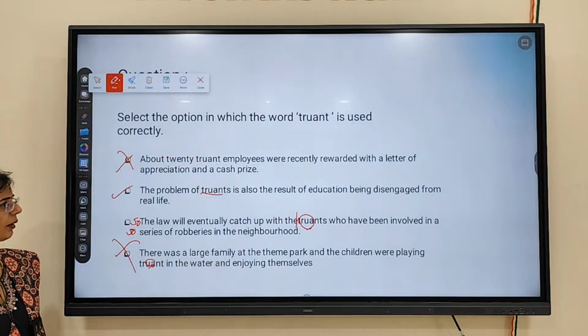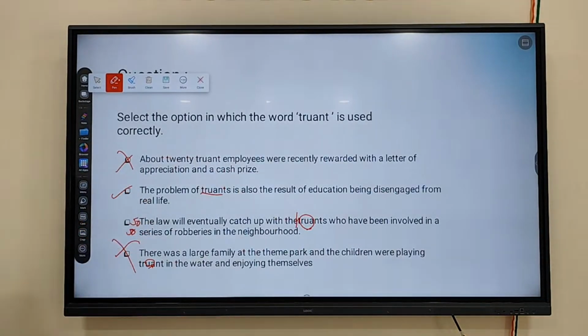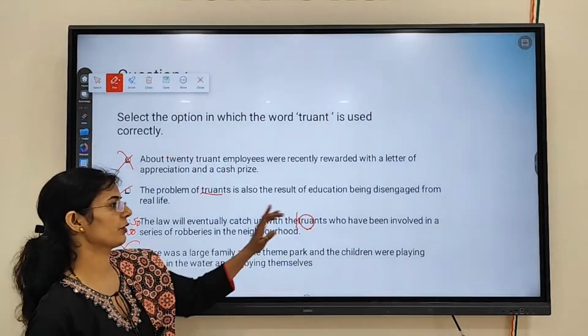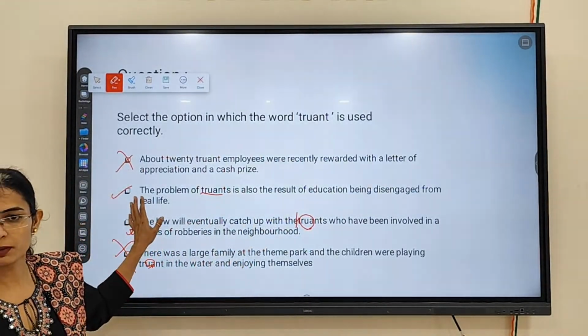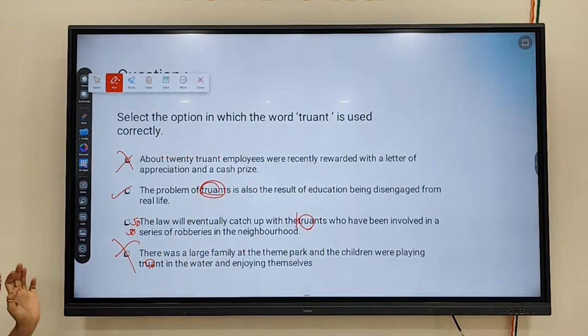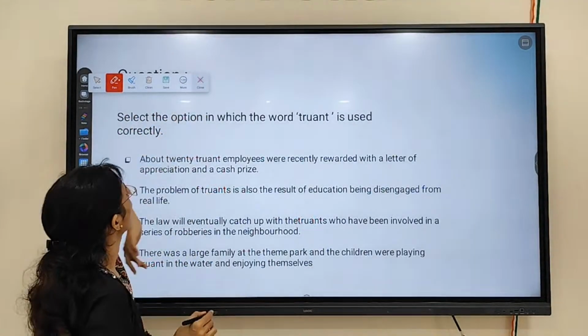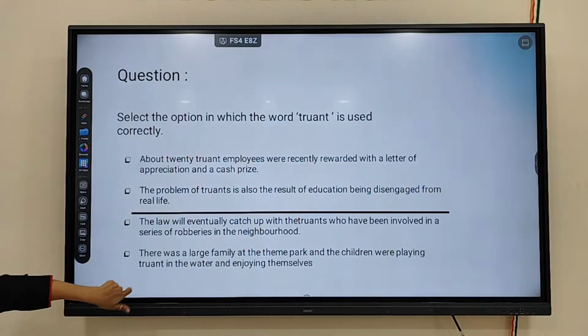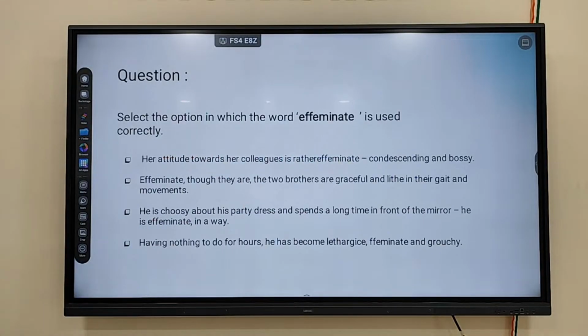So these two are absolutely no. So we have the discussion between the B and C options. Tell me which one do you think is appropriate? Option B, the problem of truants is also the result of education being disengaged from the real life. Because here it is giving the appropriate understanding of the meaning truant compared to the third one or the first and the fourth one.